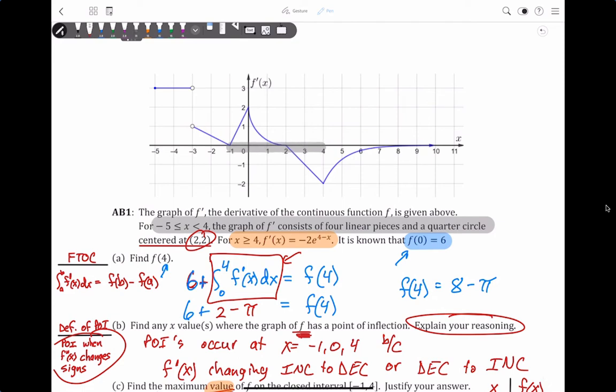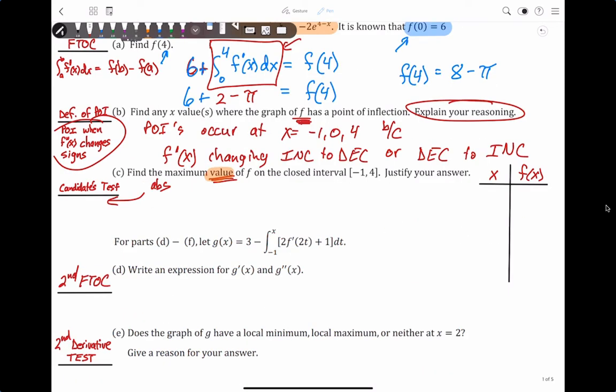All right. So if I'm looking for the maximum value, and I'm going to use candidates test, I know I already have two candidates ready to be used. Those are the endpoints, -1 and 4. Now, I need to find f of x's critical points, and f of x's critical points will occur when its derivative is equal to 0 or undefined.